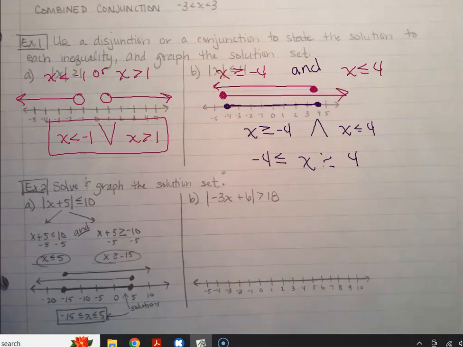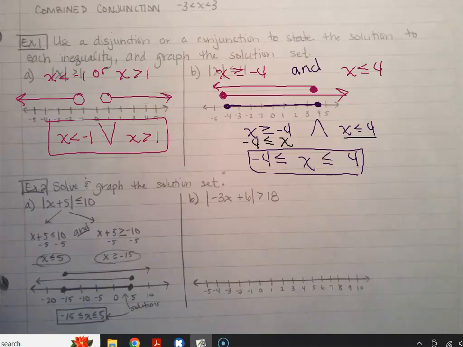So x is less than or equal to 4. Perfect. One of these is going to stay the same, like x is less than or equal to 4, which is the same as what we just wrote. This is the one we flipped because we needed the -4 to come first. Just like when we graph it, we always want the x to come first. When we write it as the combined conjunction, we need the number to come first. Okay, very nice.